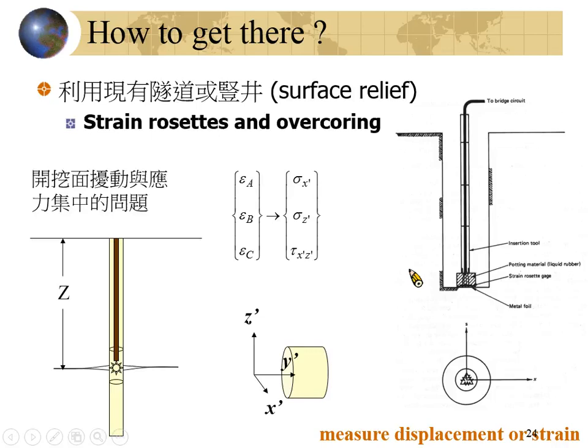Could it be possible to overcome this, to obtain the in situ stress directly, not really trying to convert the major stress to the in situ stress? Please always remember, what did you measure? Did you measure the sigma xx, sigma yy, or did you measure the sigma r and the sigma theta?